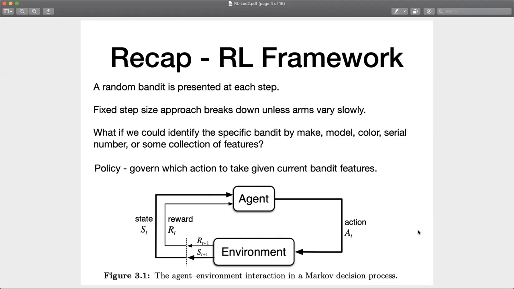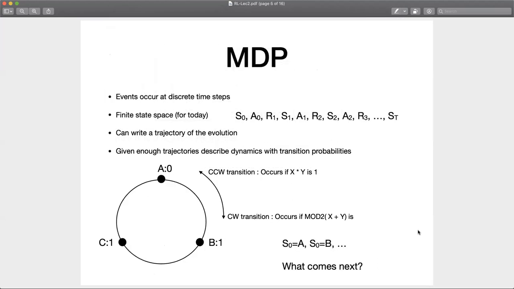Okay, so what we have here is a Markov decision process. Like I said, the events occur at discrete time steps. And for today, imagine that the state space, the number of states you can be in, is finite. There's only so many. It isn't a continuous space, and the actions too. In that case, you can write some kind of trajectory.